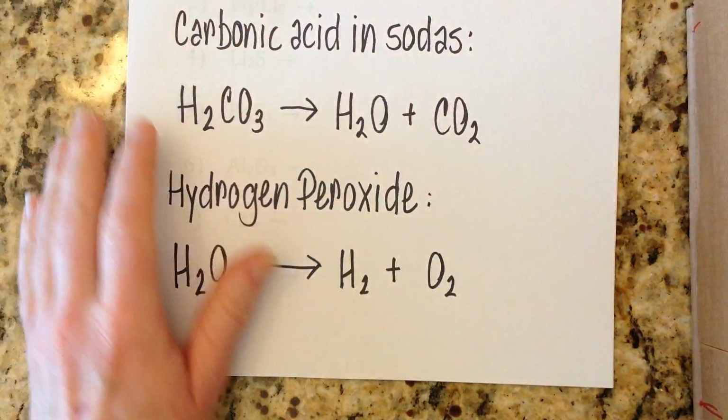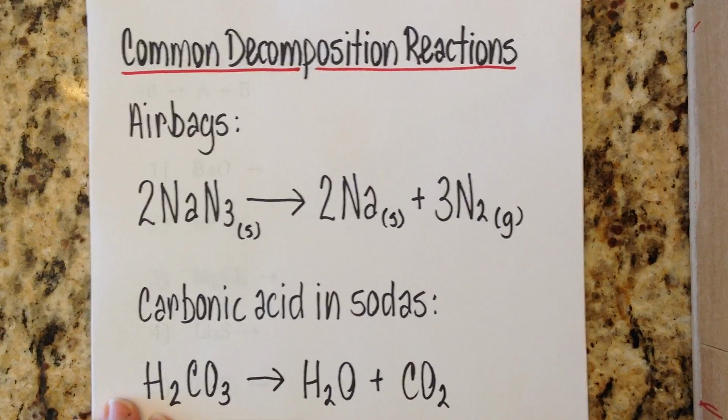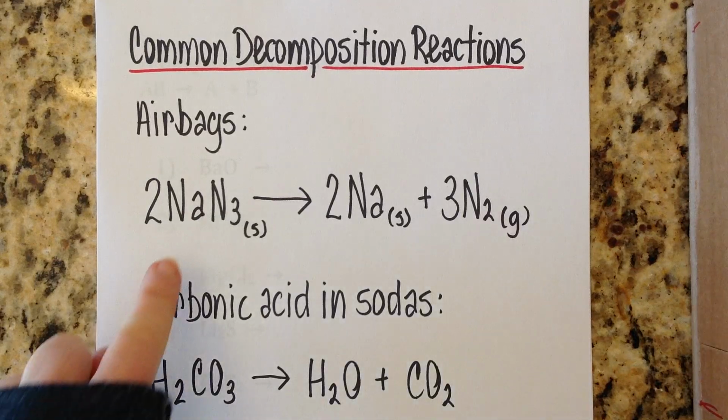I've got a couple common examples for you, just some things that you'll see and say, oh yeah, I knew that. I just didn't know what kind of reaction it was. Airbags, and these are some of the older airbags. I believe they've changed the technology and the chemistry, but the older airbags used something called sodium azide.